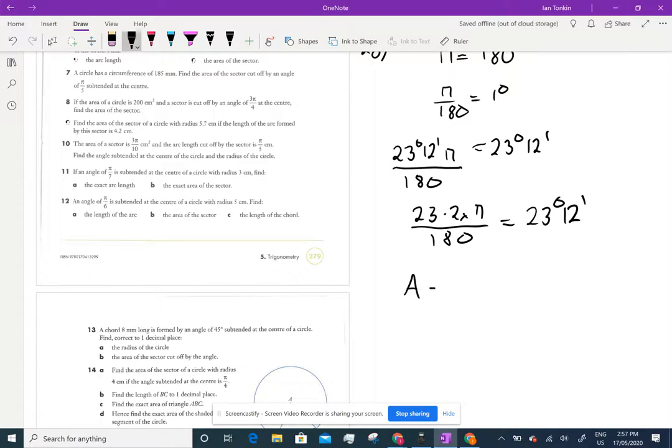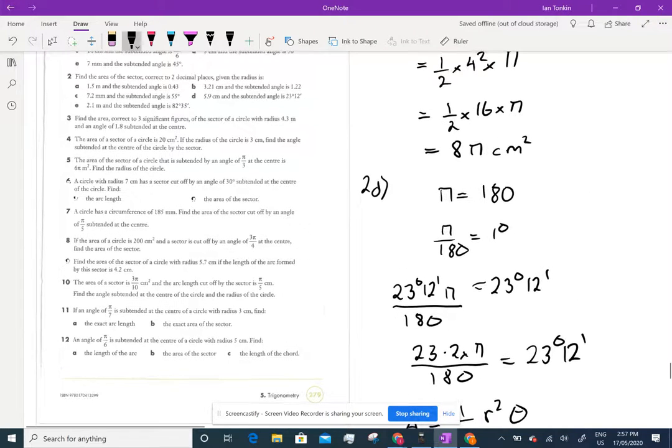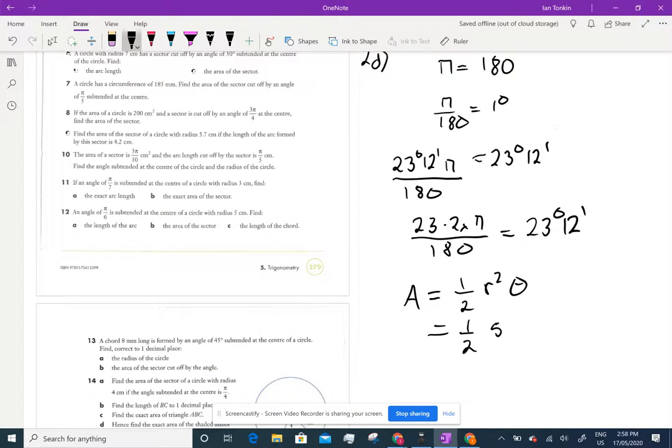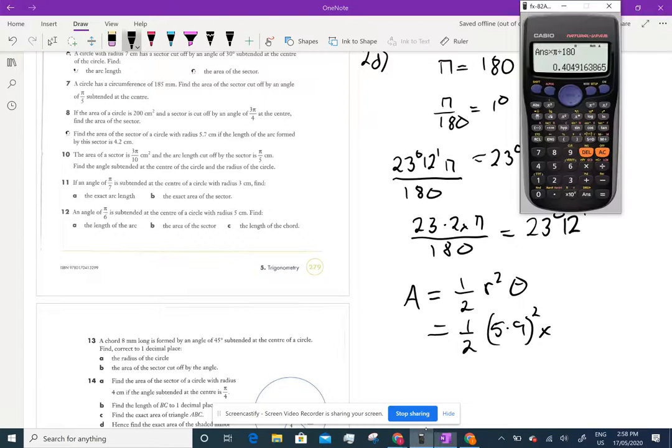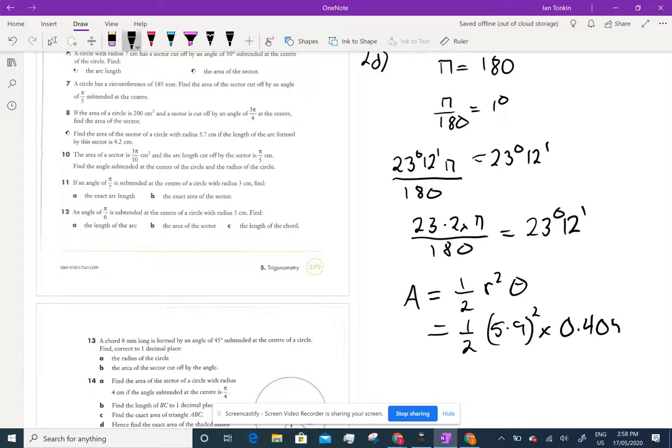So my area equals a half r squared theta. Half, what's the radius of this thing? 5.9 squared times, what was it? 0.405, but we're going to use that exact value in our calculator.